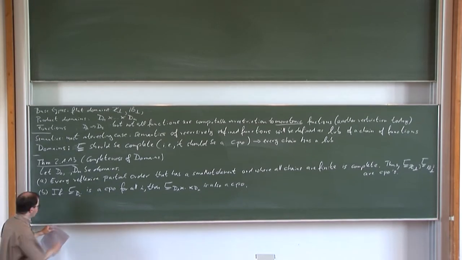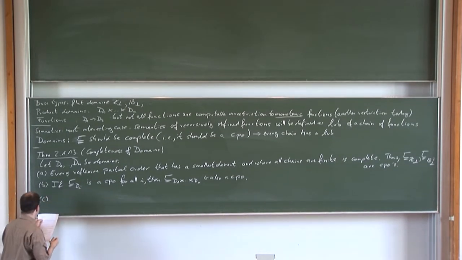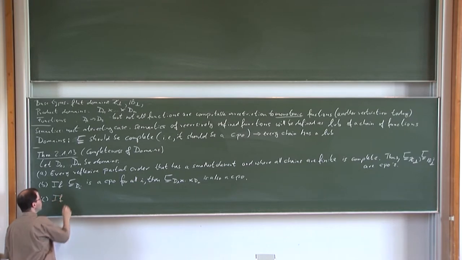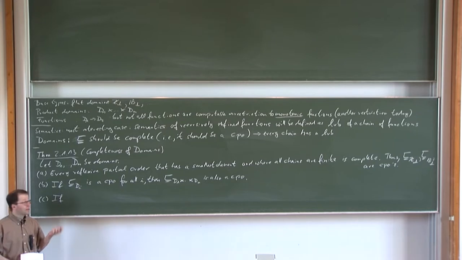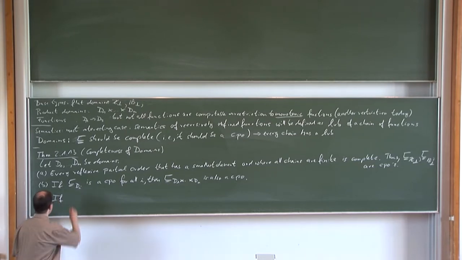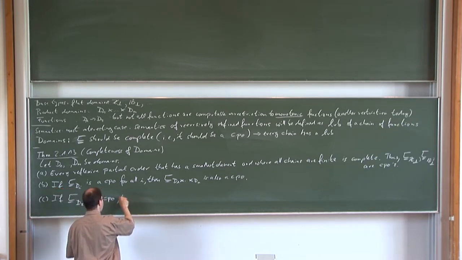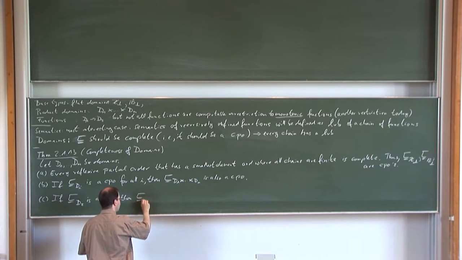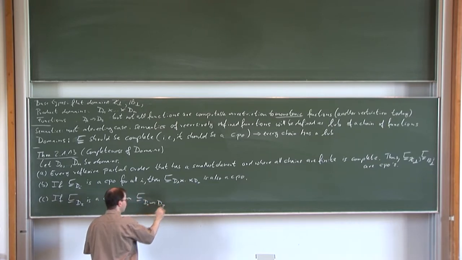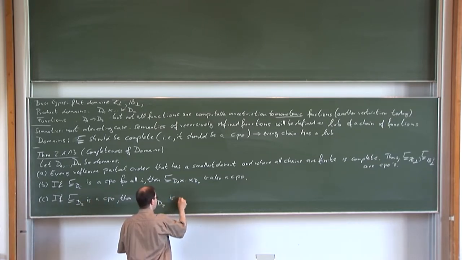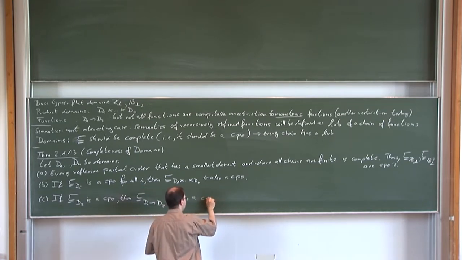And for functions, it works well again. Here, in fact, if we have functions from D1 to D2, we only need that less defined or equal is complete on D2. That's already enough to ensure that less defined or equal is complete on the functions. So if this is a CPO, a complete partial ordering, then less defined or equal on the functions is also a complete partial order.